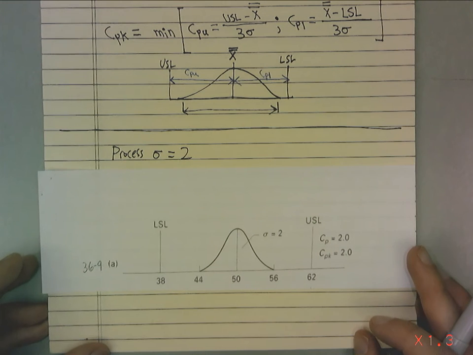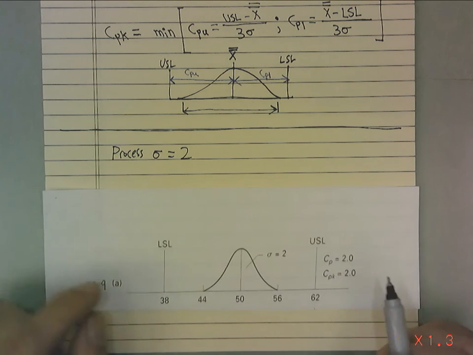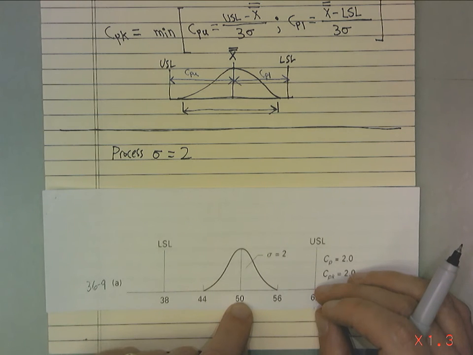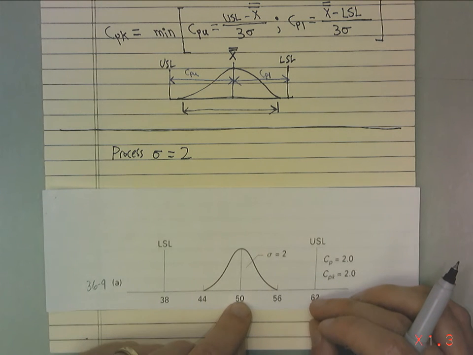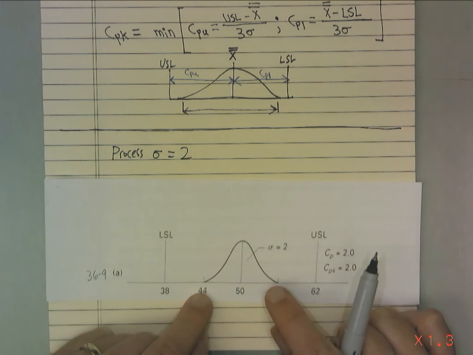Let's say it's pounds of dog food in a bag of dog food. Okay, right. So we'll stick with our example that it's in pounds. I want a 50-pound bag of dog food, and I'm getting values from, at the extreme edge, 44 to 56.